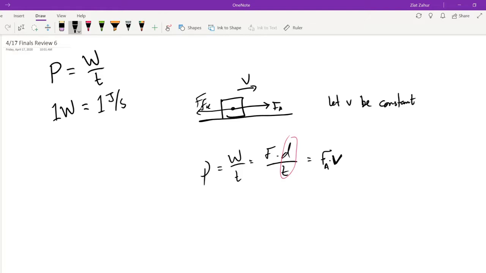And for the power output, you have to continuously burn energy every second to maintain this velocity. Otherwise, if you don't provide this power, then the friction would slow it down, decay the kinetic energy, convert it into heat, and then eventually the box would come to rest.